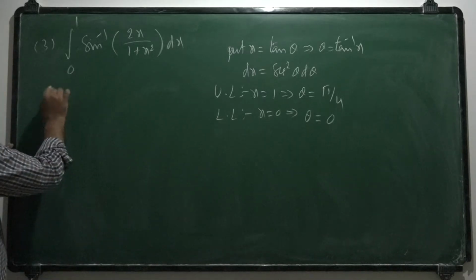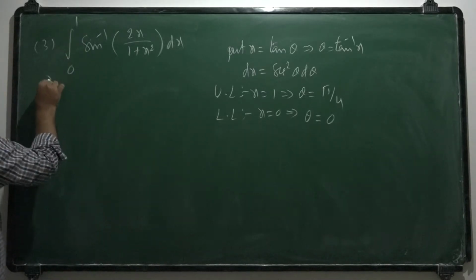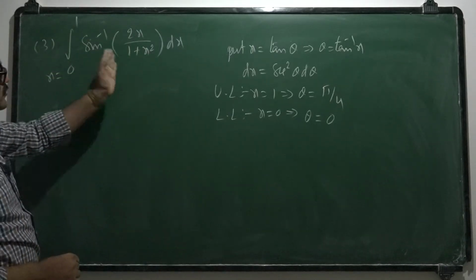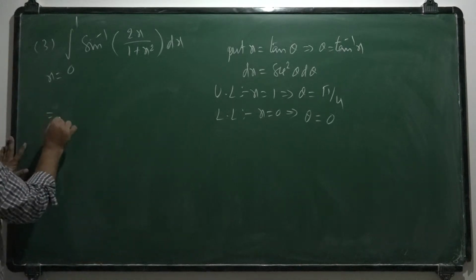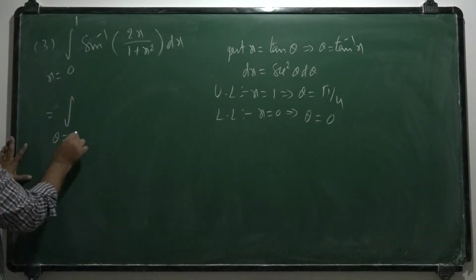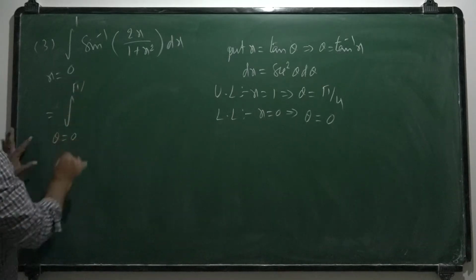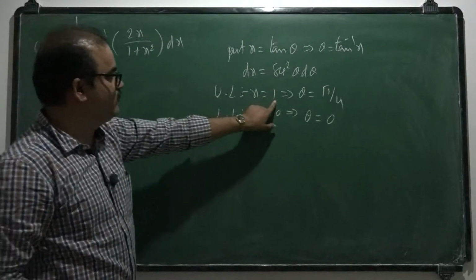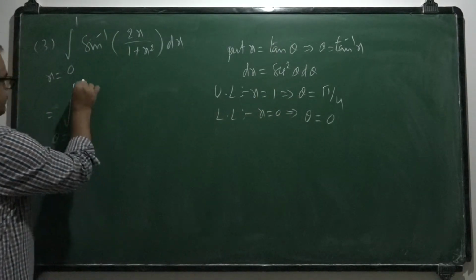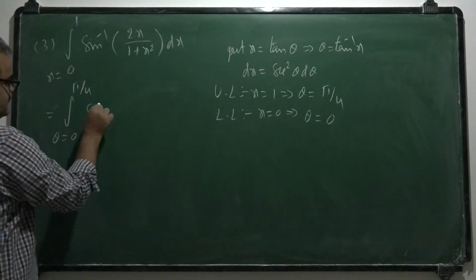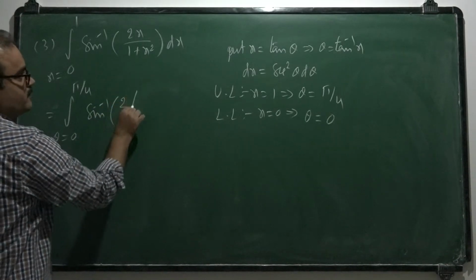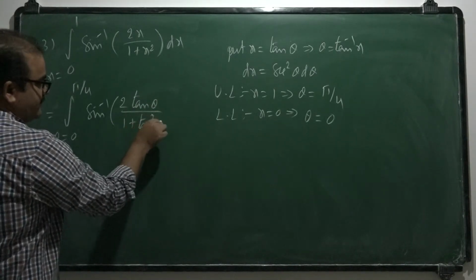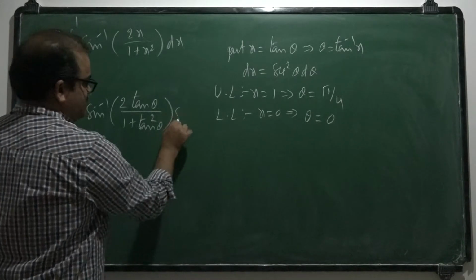Now these are the limits to the variable x. Change this integration in terms of theta, so you change the limits also. Write it as integral theta is equal to 0 to pi by 4. When x is equal to 0, theta is 0; when x is equal to 1, theta is pi by 4. Sin inverse of 2 into tan theta by 1 plus tan square theta, dx. What is dx?